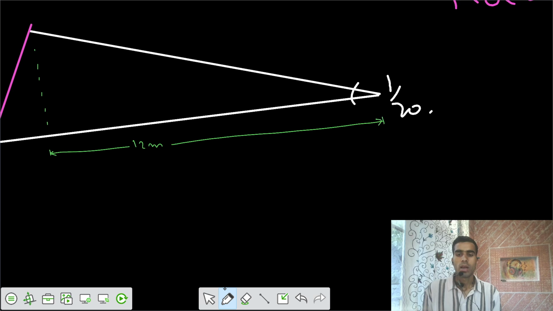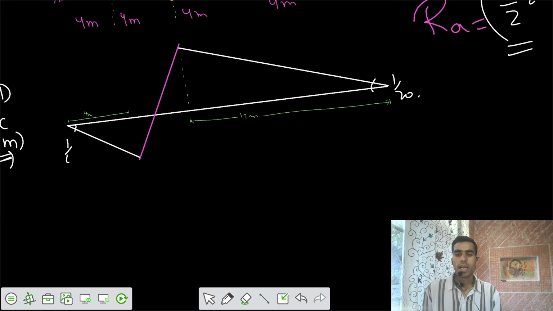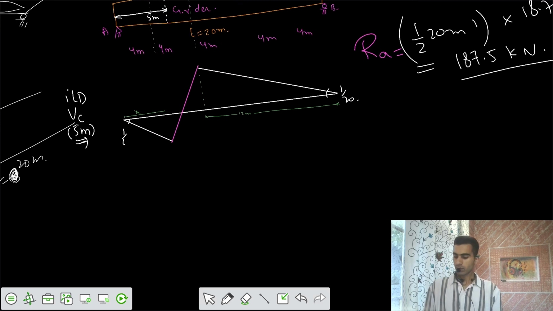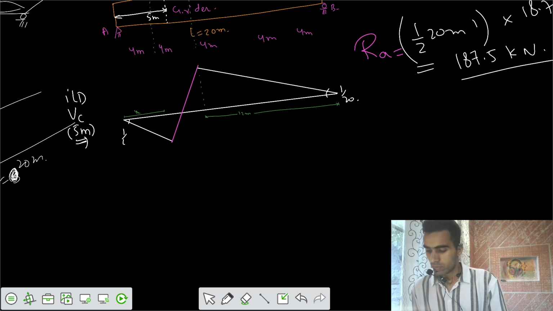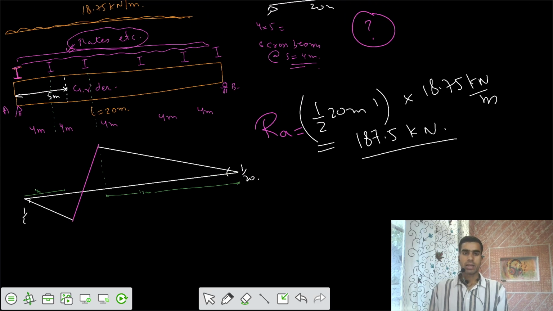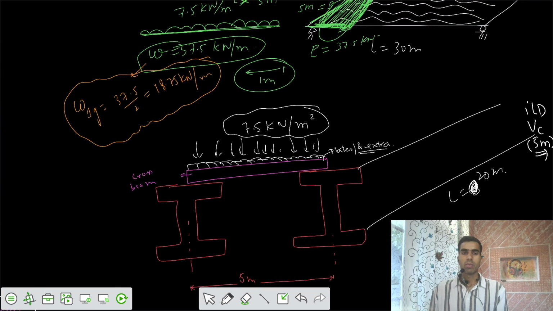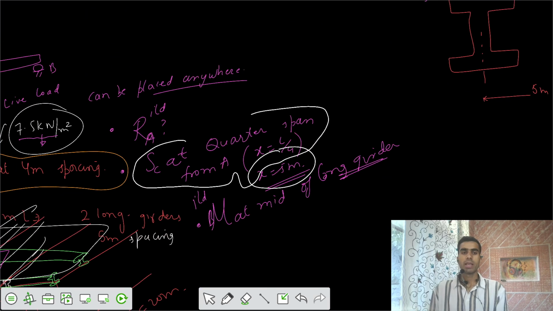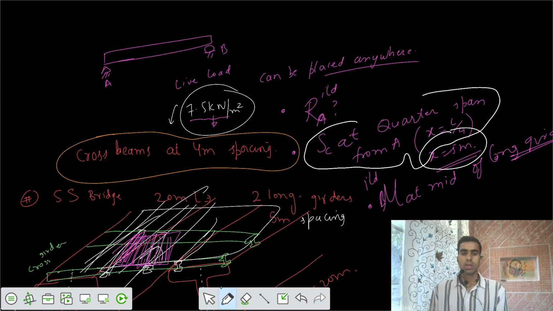Now I need that ILD for shear. The problem is saying you have this live load, and it can be placed anywhere.